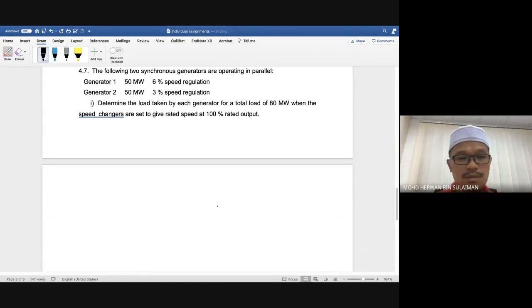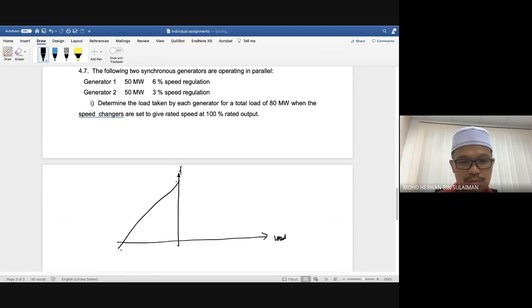Okay, so G1 we have 6%. This one is frequency. This one is load. Capacity is 50. It's 1.03, 1.06. This one is 50 also. The capacity, the loop is 1.03.